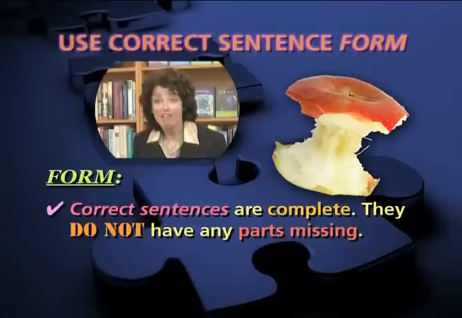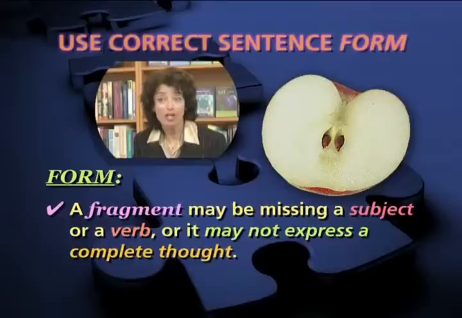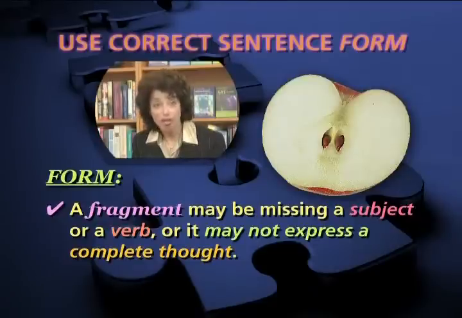They do not have any parts missing. A part missing creates a fragment. A fragment may be missing your subject or your verb, or may not express a complete thought.